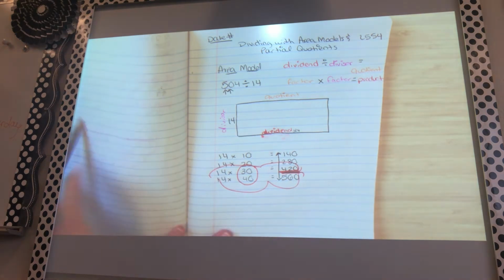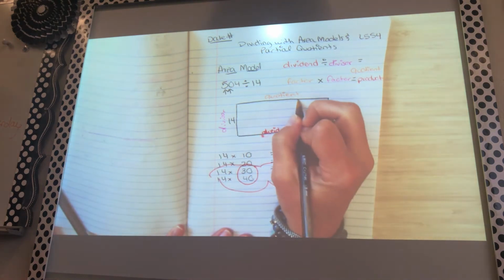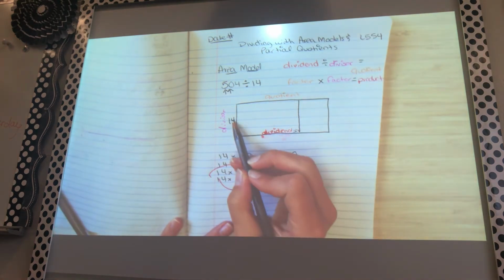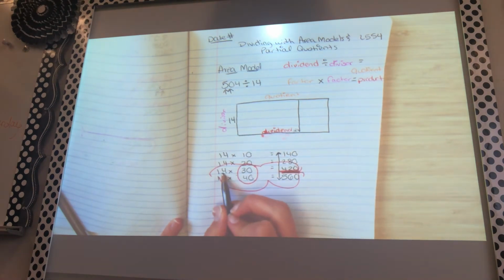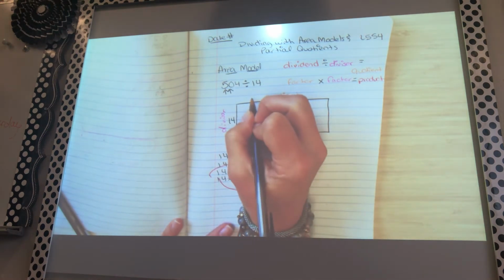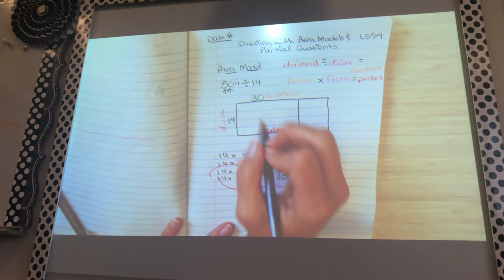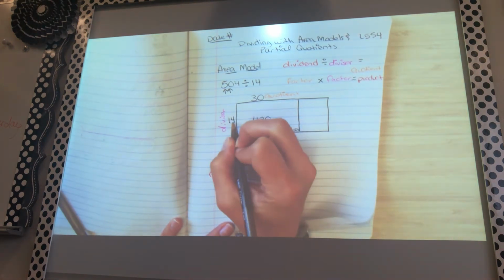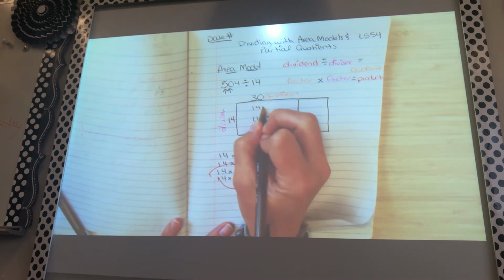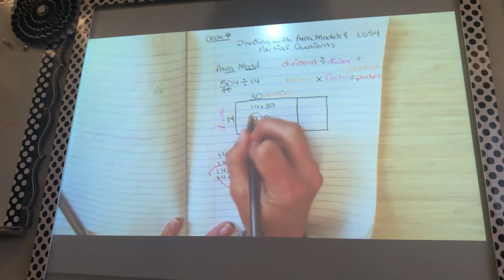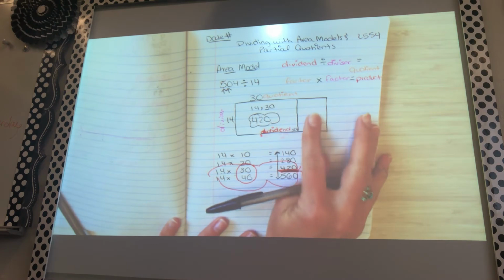So I can split apart my area model. And I know that if I multiply 14 by 30, that's going to give me 420. So all I did here was 14 times 30 to get 420. Now, over here would be the difference.